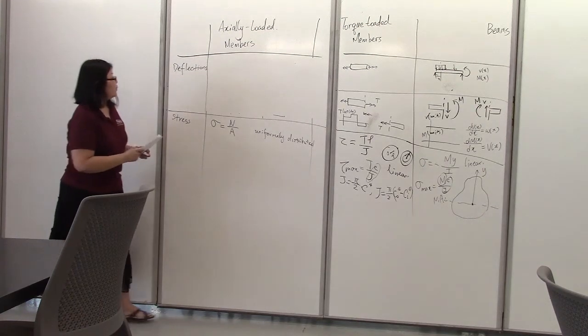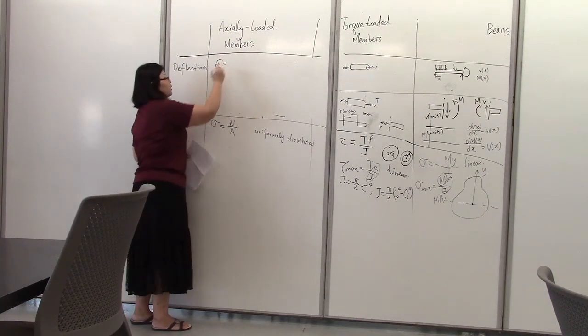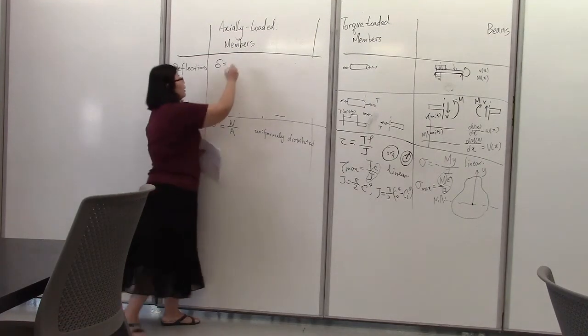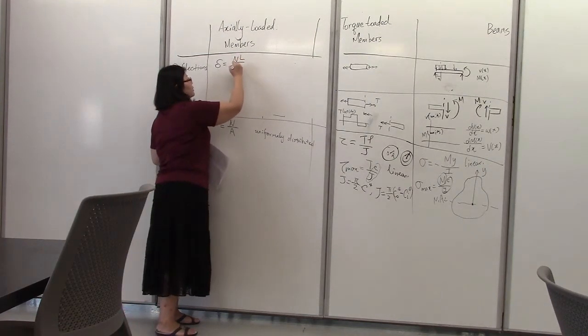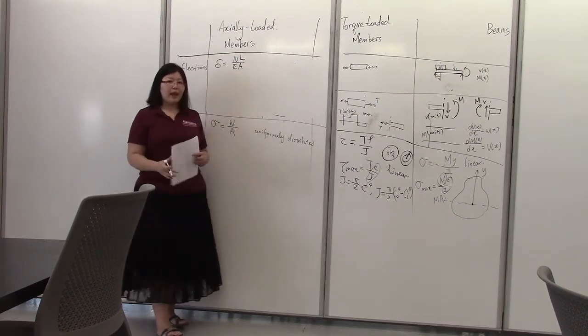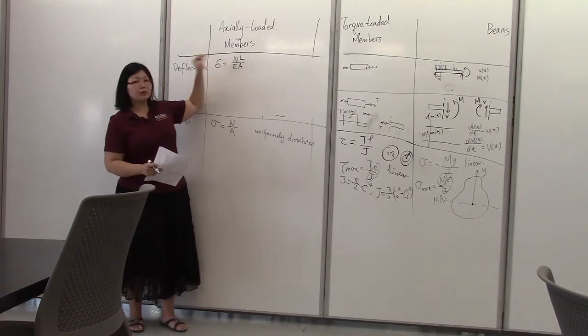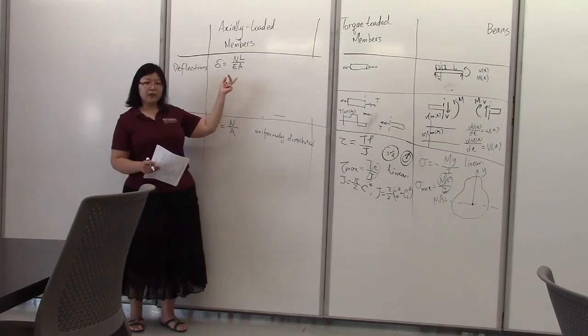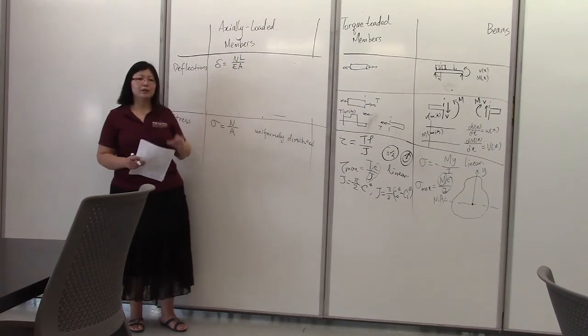Now, for axial loaded members, we look at the change of length for the entire bar, which is calculated as NL over EA. N is the internal normal force, L is the length of the bar, E is Young's modulus of the material, A is the cross-sectional area.